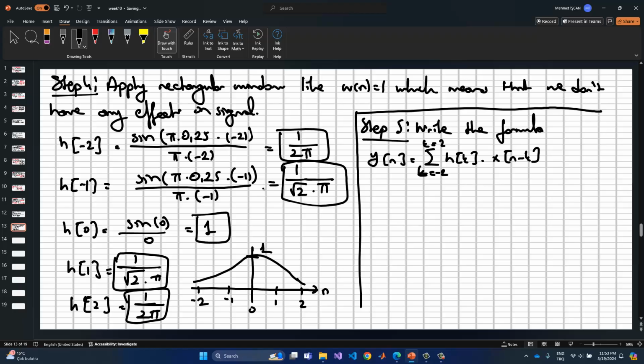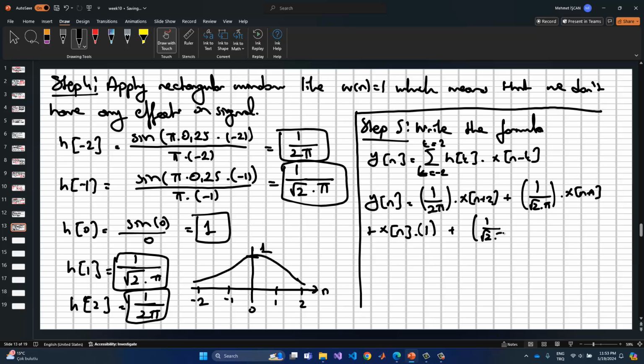So substituting all the equations, y(n) can be obtained as 1 divided by 2 pi times x(n plus 2), plus 1 divided by square root 2 pi times x(n plus 1), plus x(n) times 1, plus 1 divided by square root 2 pi times x(n minus 1), and also 1 divided by 2 pi times x(n minus 2).